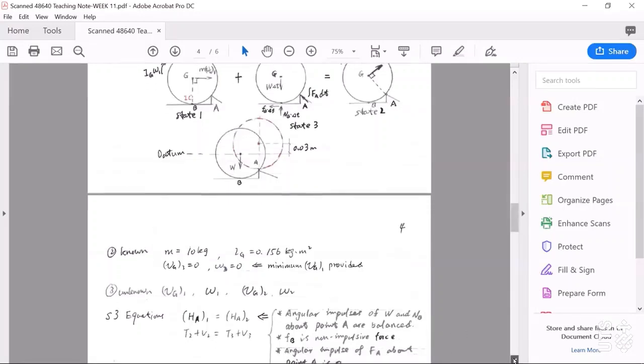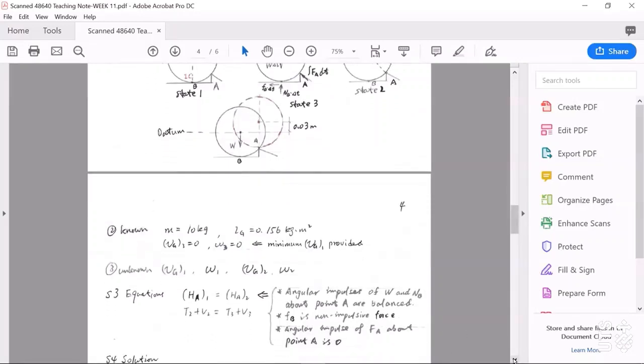So this means we can apply conservation of angular momentum about point A.